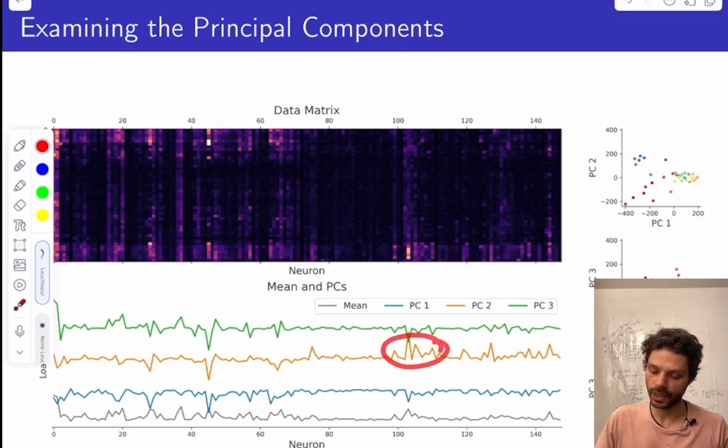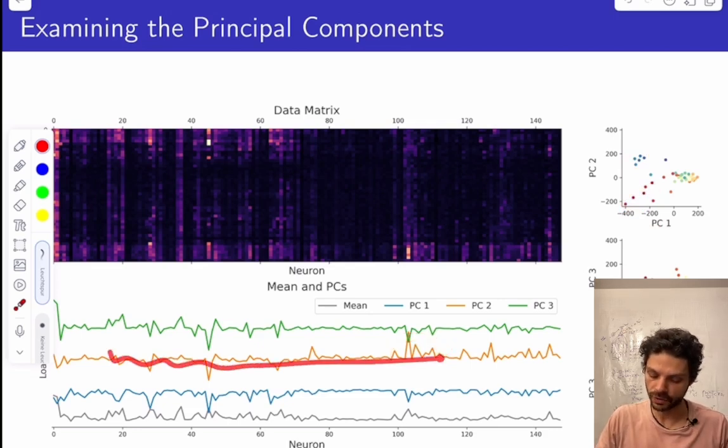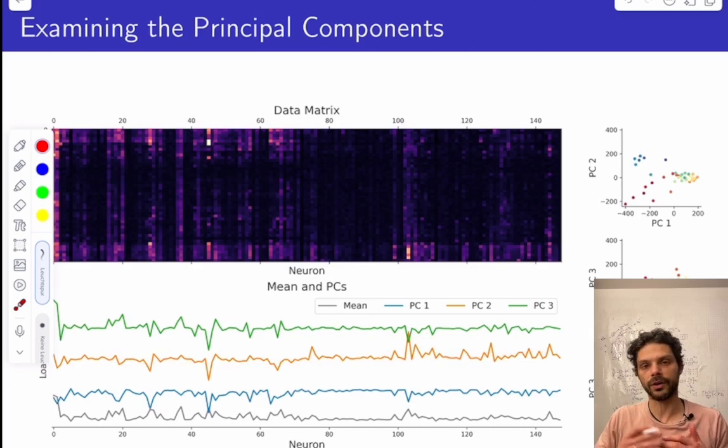Notice that PC2 is the orange one. These are the pseudo-neurons, right? They're combinations of the real neurons. And this one says that PC2, pseudo-neuron 2, has lots of activity for this batch of neurons. The x-axes are aligned here. Whereas PC1 doesn't have very much.